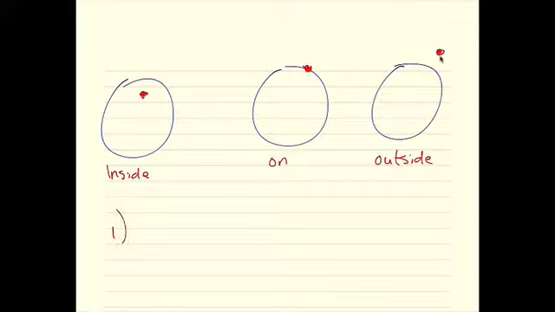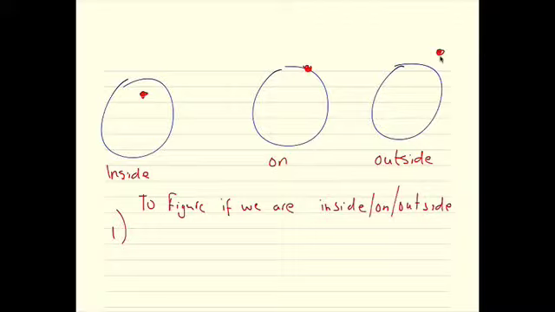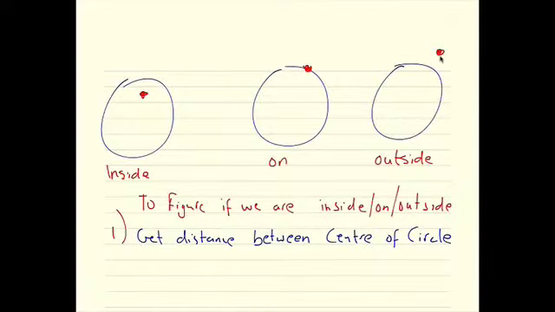Step 1. Scribble this down. To figure out if we are inside, on, or outside, all we have to do is get the distance between the center point of the circle and the point we're dealing with.